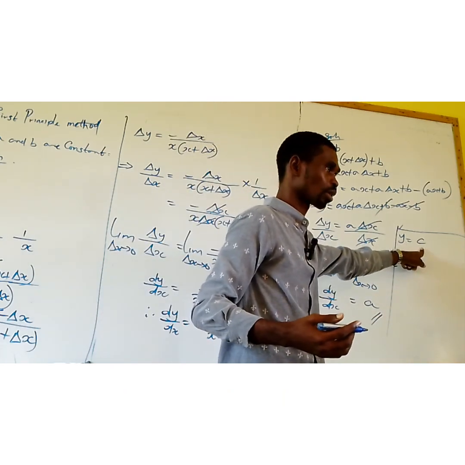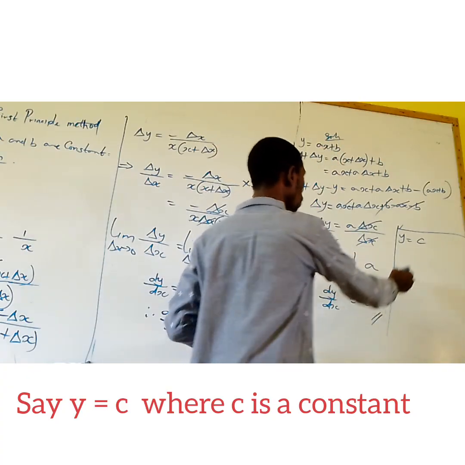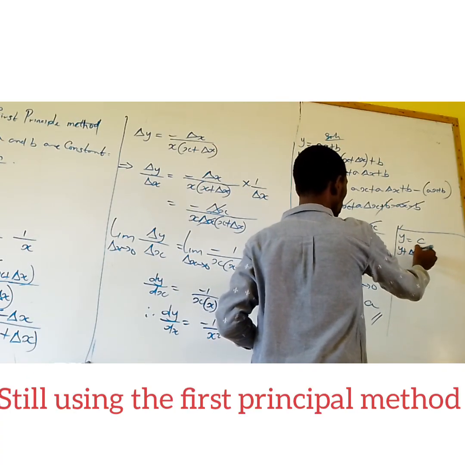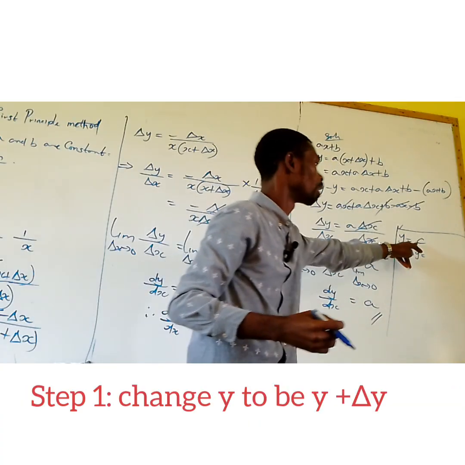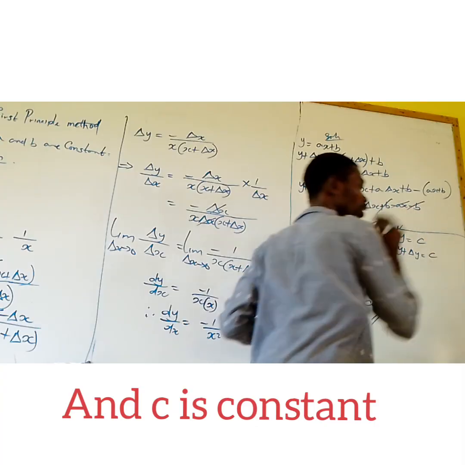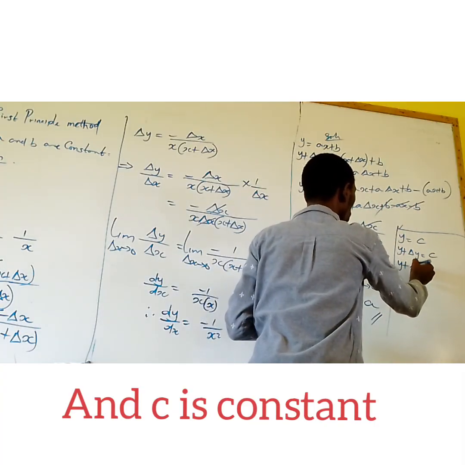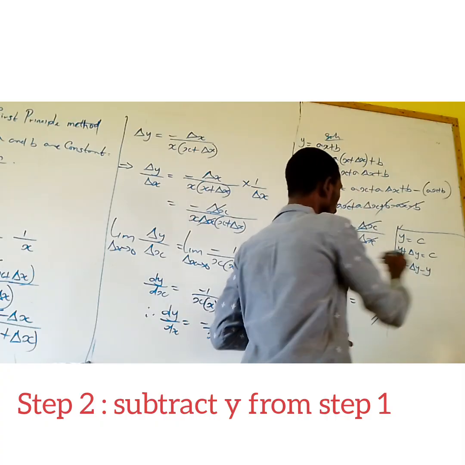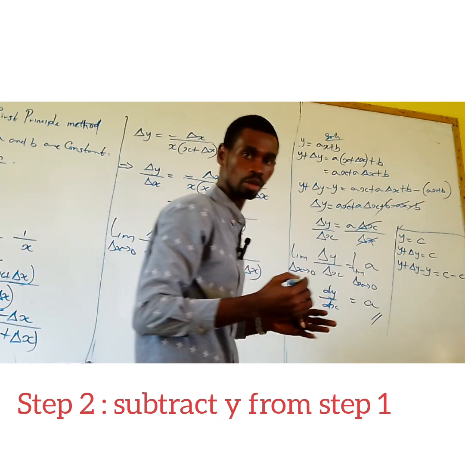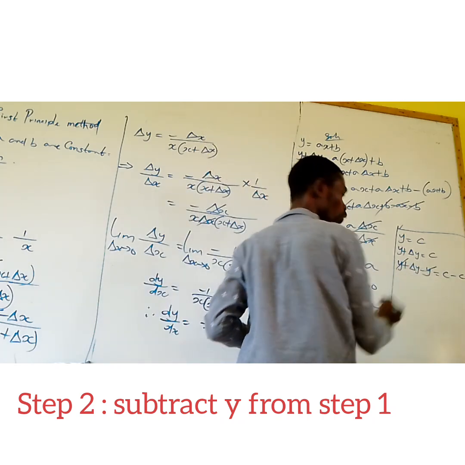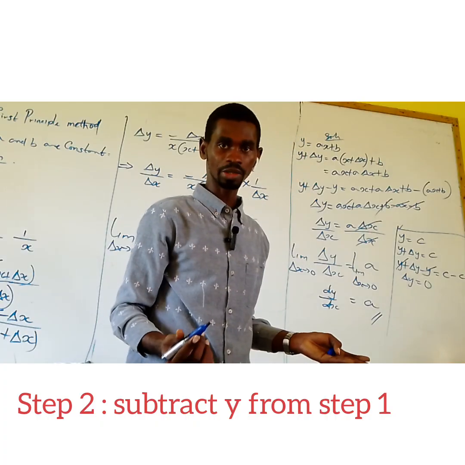This is constant. Using this same first principle method, we say y plus change in y equals, there's nothing we want to put down here because there's no variable here. So it still equals c. And this is now y plus change in y minus y equals c minus c. Here, y cancels y. We have change in y equals 0. c minus c is 0.